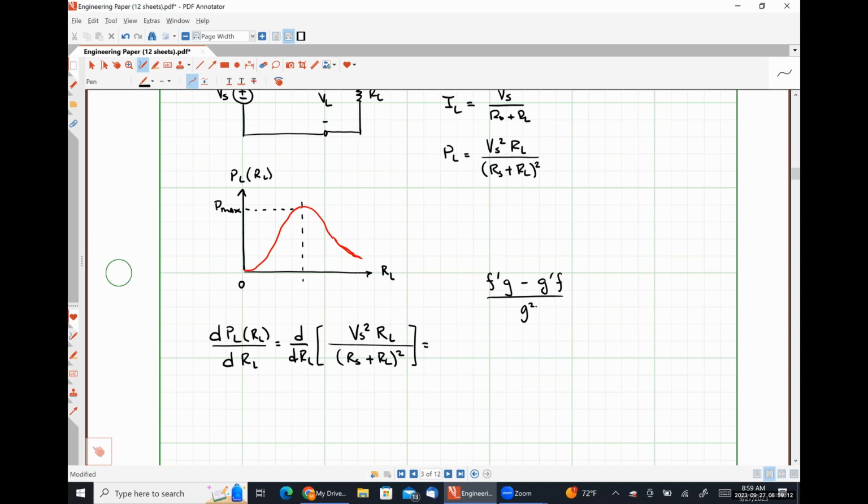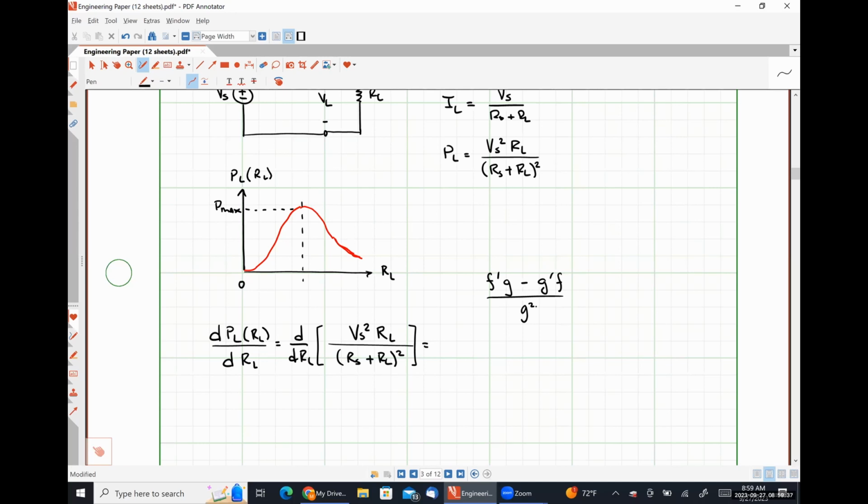Is that right? It's been a hot minute since I had to do this. Okay, so what's the derivative of the numerator with respect to RL? I hear whispering. Is this equation not the right way to do the quotient rule for taking a derivative? All right. So how do I take the derivative of the numerator with respect to RL?